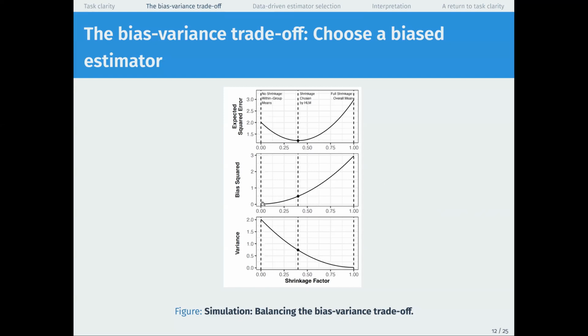And that occurs because we have low bias, but high variance. Like if we didn't sample very many kids in each classroom, we might have really uncertain estimates for each classroom. Then at the far right, we have the other extreme, where we pull everyone in toward the overall mean very far. When we do that, we also have very high expected squared error because we have extremely high bias, even though our variance goes down to 0.